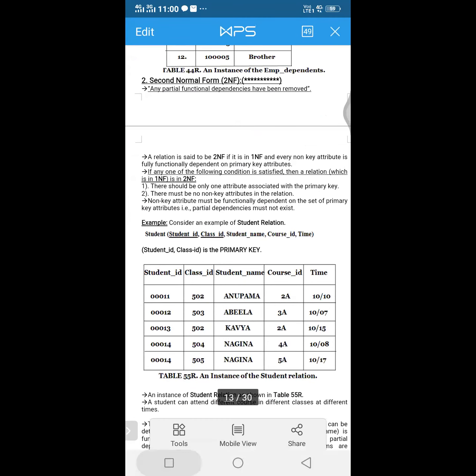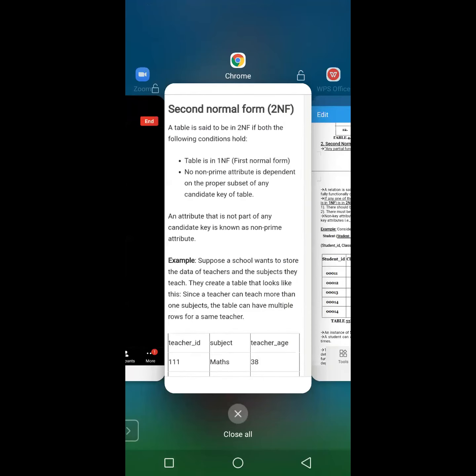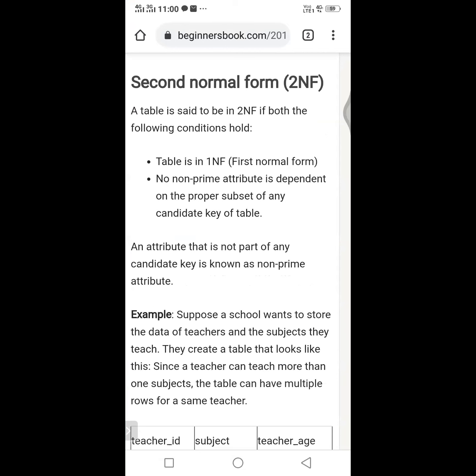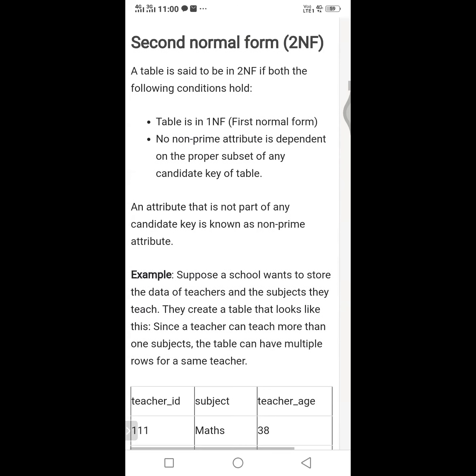But here it mentions candidate key. What is the meaning of candidate key? More than one attribute. So no non-prime attribute depends on a proper subset of any candidate key of the table. That means if it is a composite key, we should use the total key, not a subset of the key. An attribute that is not a part of any candidate key is known as a non-prime attribute.